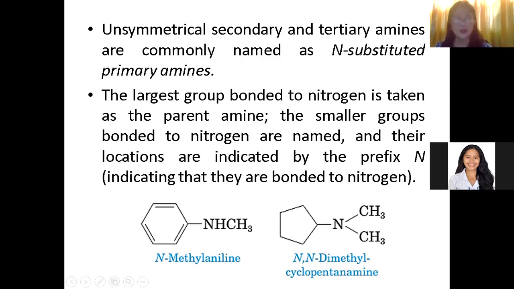The smaller groups bonded to the nitrogen are named as their what? Location indicated with the prefix N. For instance, here, the largest group, this is now your methyl. Di ba methyl ni? Only largest. So this is N-methyl, and you know this is aniline.